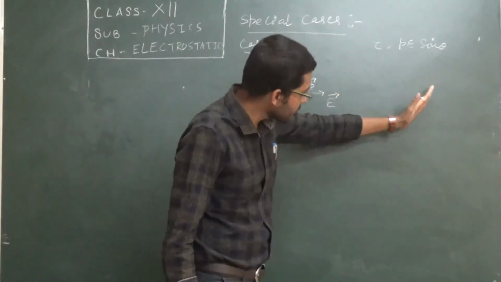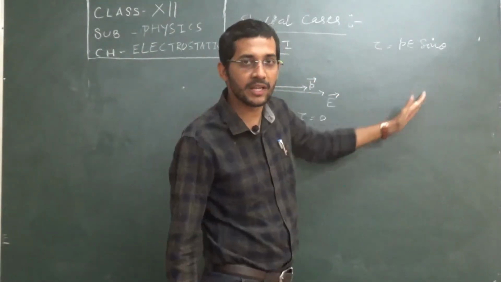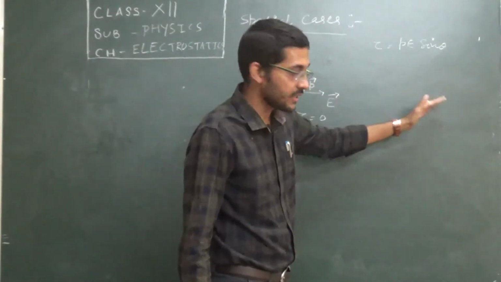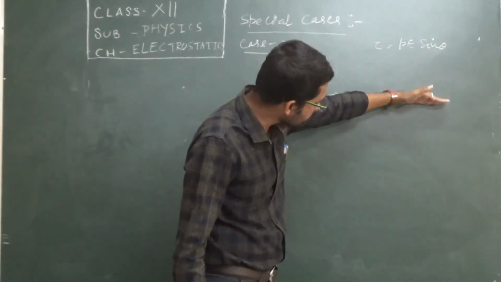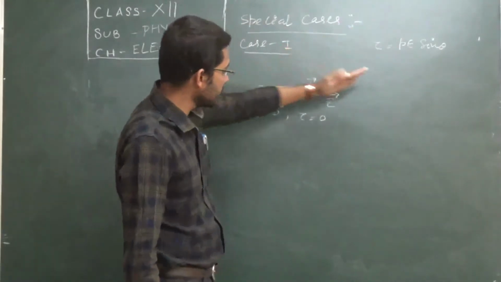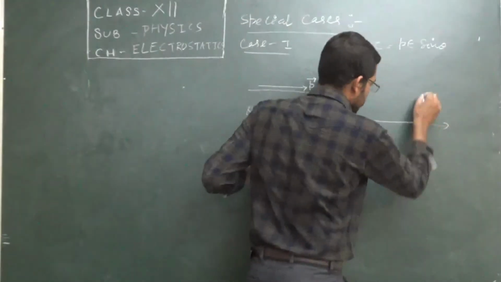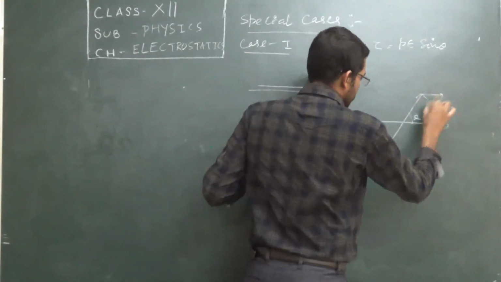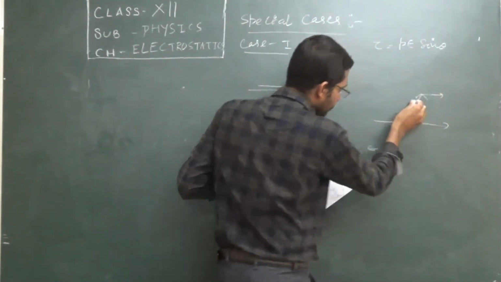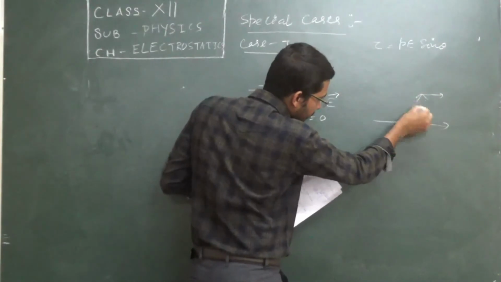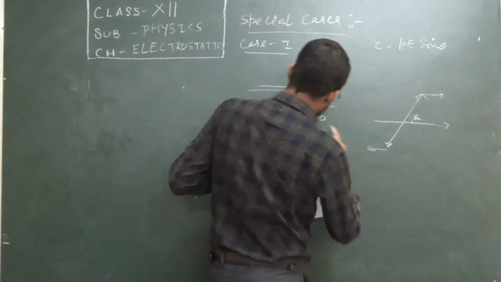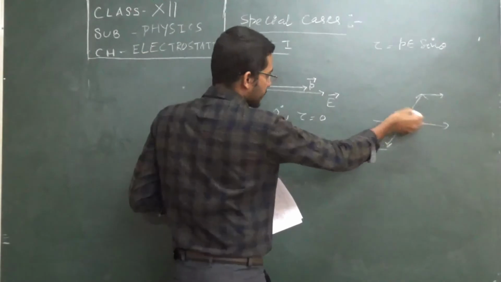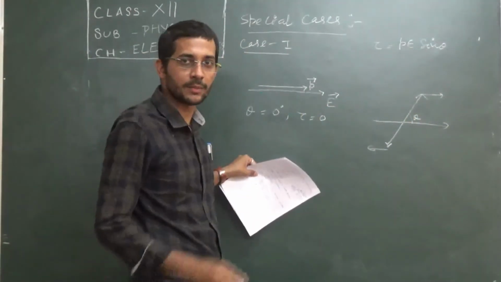Here what we calculated: when the angle is any random angle, inclined to the electric field, some torque comes and rotates the system. But if I draw the dipole like this, with this angle theta, due to the forces the dipole aligns like this, and then the body will not rotate anymore, it will remain in the system.